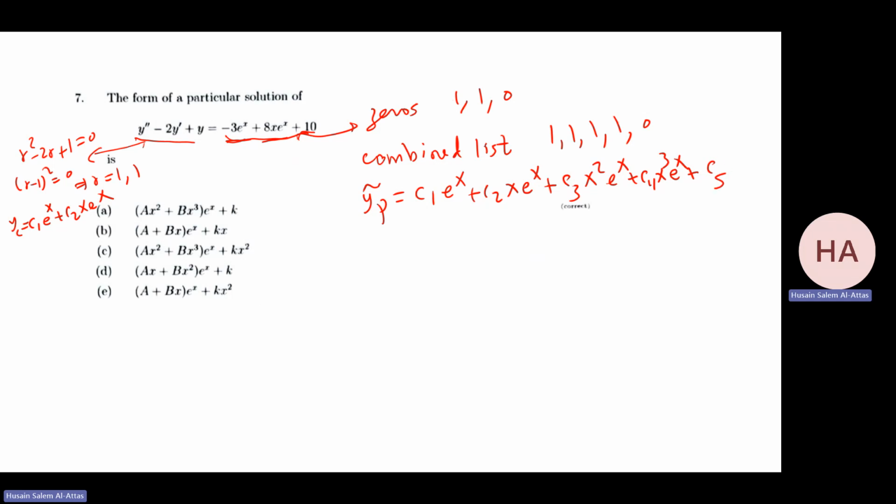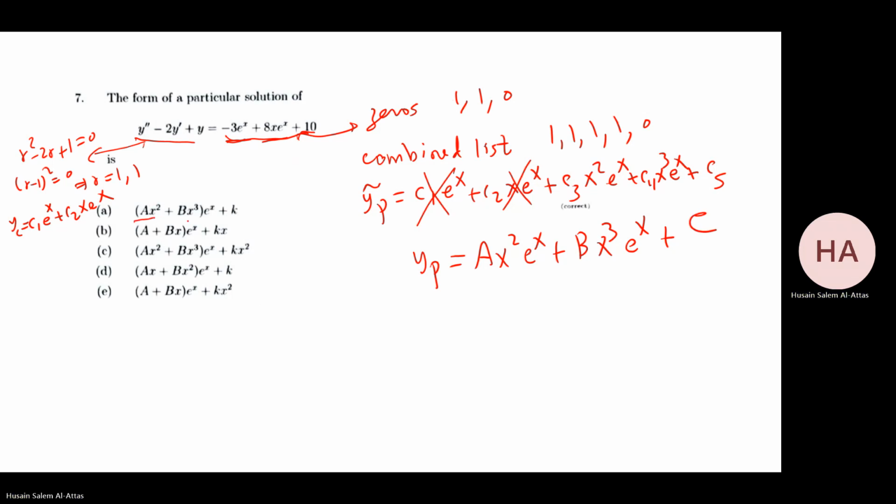That's it, the constant. Now I cancel yc. What is yc? Cancel this. Yp will be what? a x squared e to x plus b x cubed e to x plus c, or d, or what you call it. So I have a x squared times e to x, b x cubed times e to x, and the constant. So this is my answer.